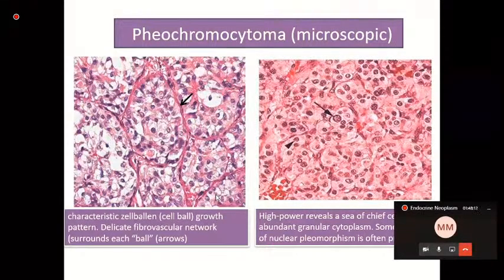So we just want to know if there is metastasis. So I told him you have to tell me whether it is metastasized or not. You have to do the scan. We cannot tell based on the histology features whether it is malignant or benign. It's just by metastasis. In this case, we have to do a scan for the whole body whether there is metastasis or not. Okay.